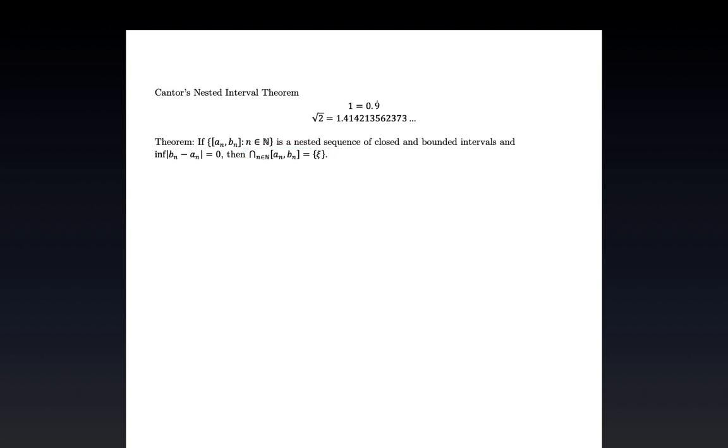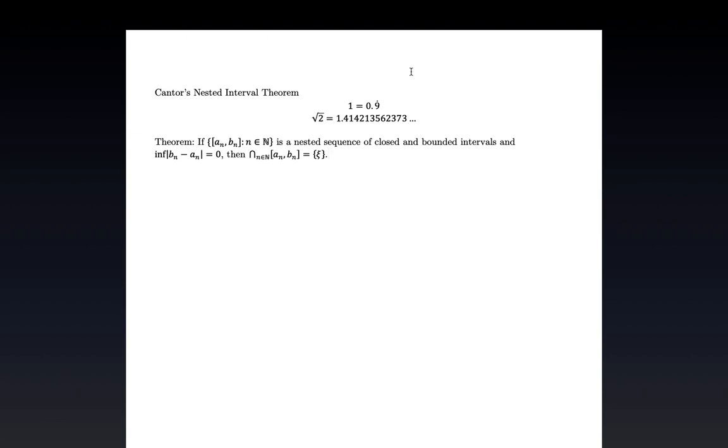So it says if [a_n, b_n] is a nested sequence of closed and bounded intervals, and the lengths of those subintervals are going to 0, then in the intersection, all of them will contain precisely one point.